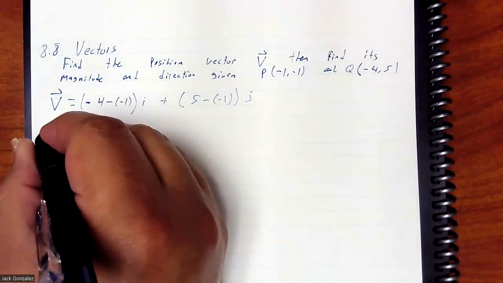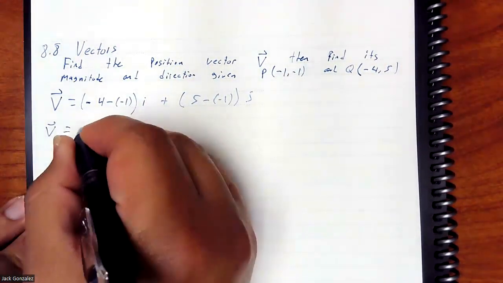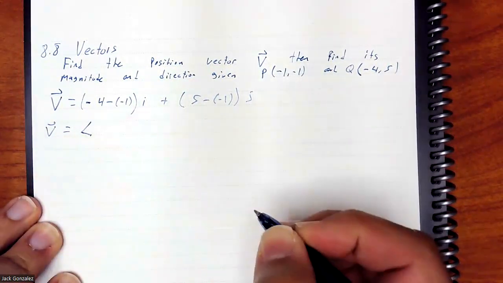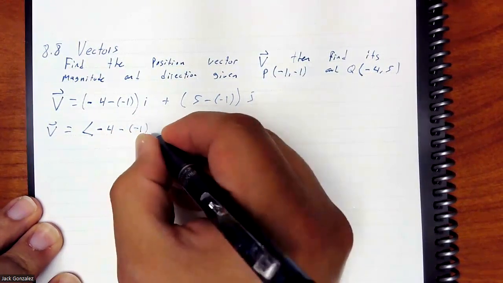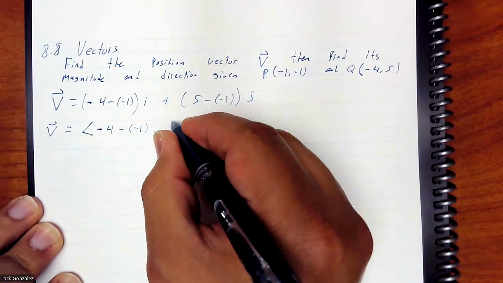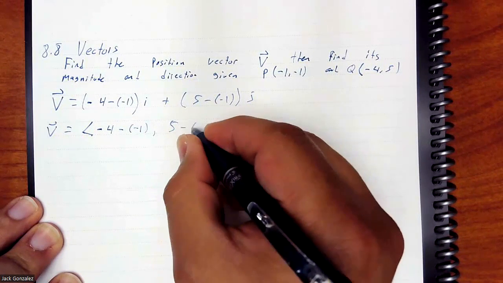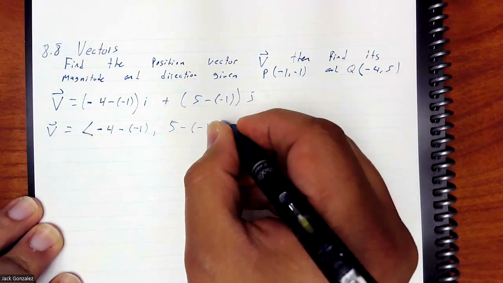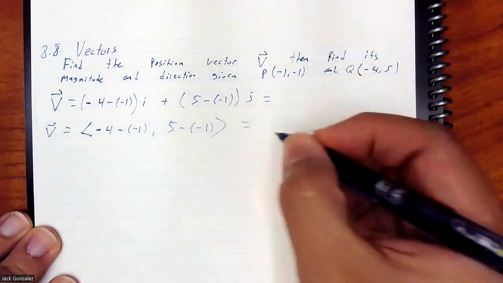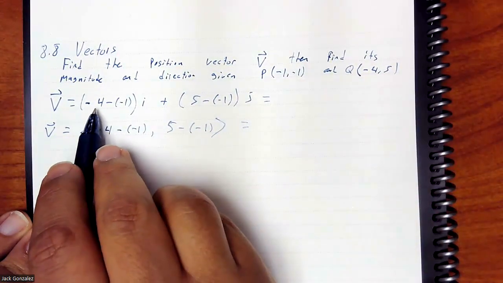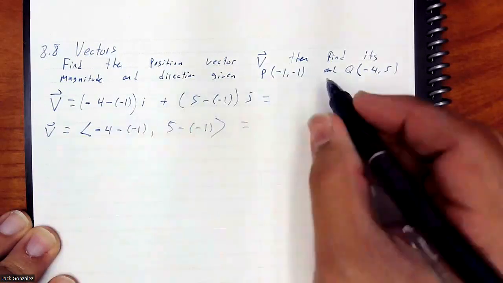If you prefer the other notation, it would be like this: -4 minus a -1, comma, 5 minus a -1. So this top one will become -4 plus 1.